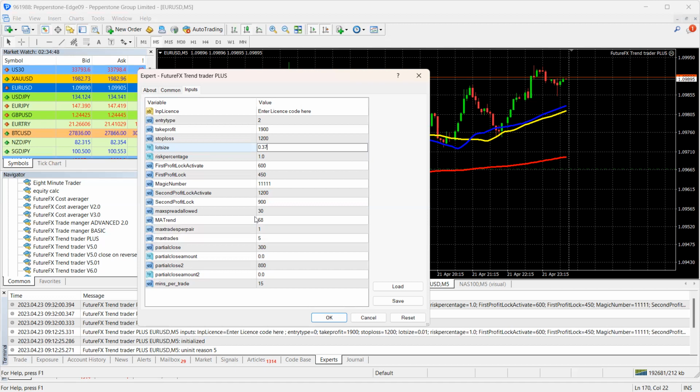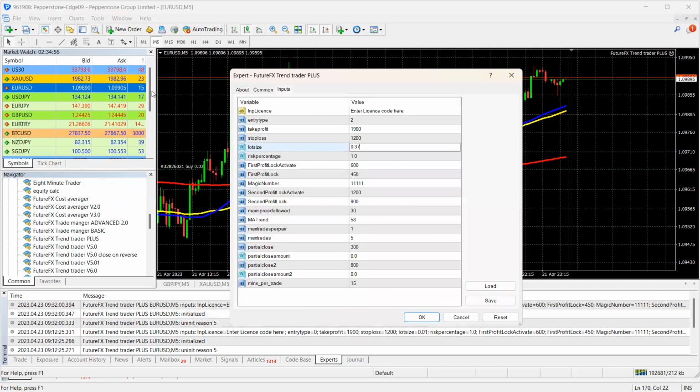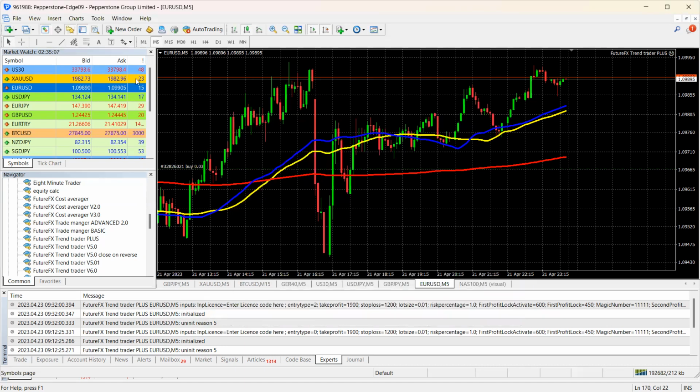On some brokers, I've been increasing this to 45. On some brokers, 30 is still fine. All you need to do is come over to your market watch and make sure you have the spreads showing here. If you don't have the spreads showing, this column here is the spreads.